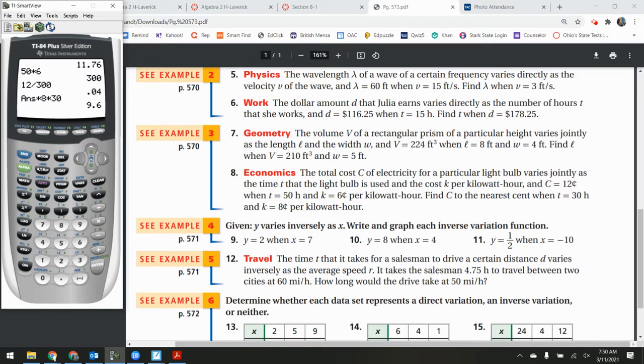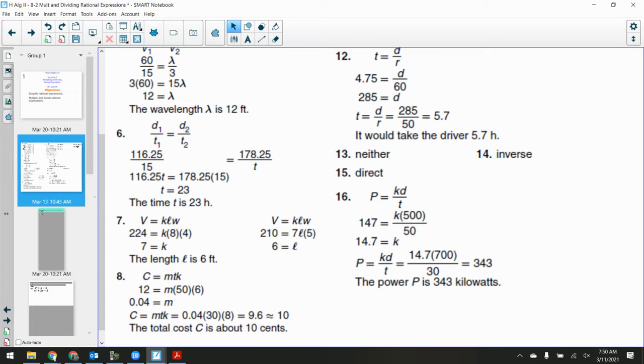So $9.60? Or no, that's just cents. So it's just 10 cents. C is equal to 9.6, so to the nearest cent, we need 10 cents. Let me double check on that. Yeah, 9.6, so 10 cents.